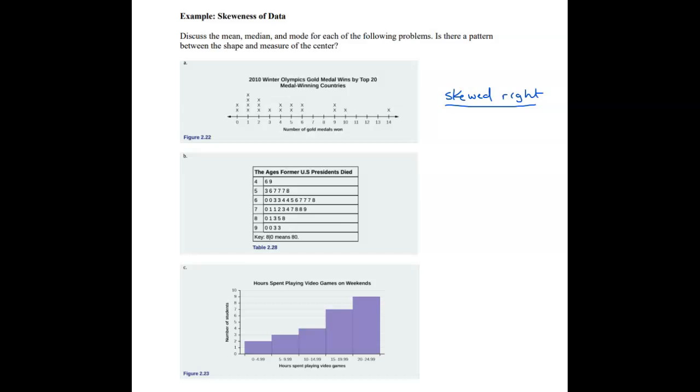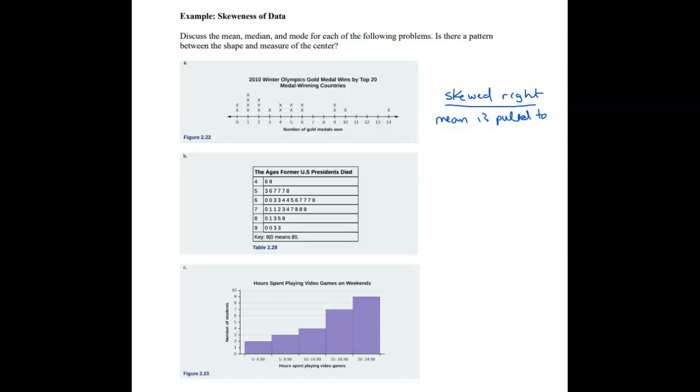Okay, so when the data is skewed right, you have some outliers, one or a few large values compared to the rest of the data, then the mean is pulled to the right. It's bigger than it would be if that outlier wasn't there.